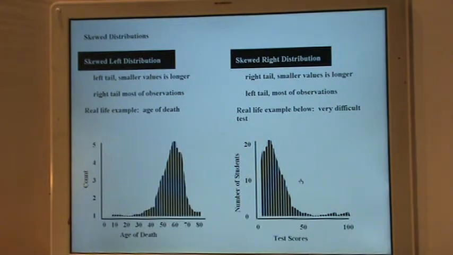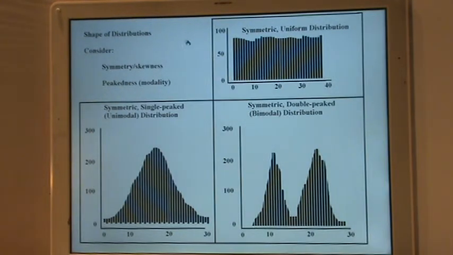So again, the symmetry of a distribution: all three of these are symmetrical. They could be divided in half and have about the same amount of data points on each side. But this one is symmetrical and it's uniform. This one is symmetrical, but it has one peak. This one is symmetrical, but it is bimodal, has two peaks.